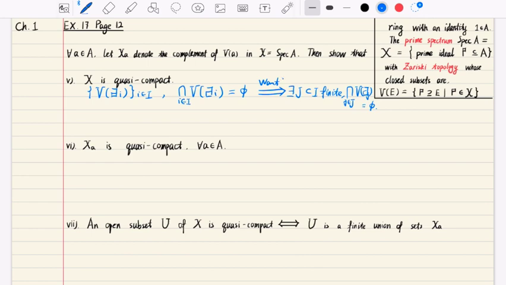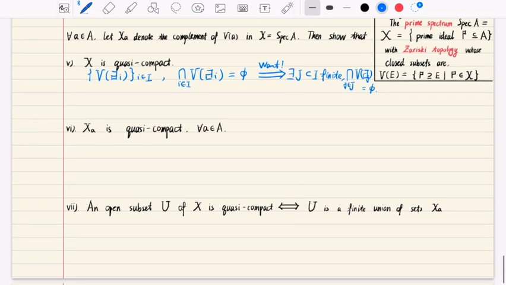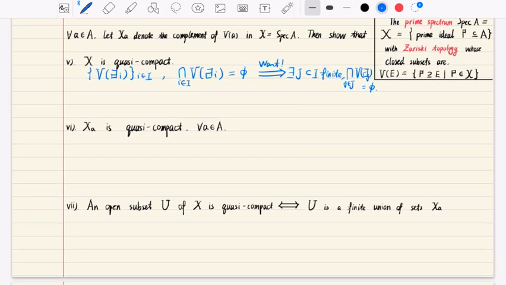To prove this, we only need the following observation.